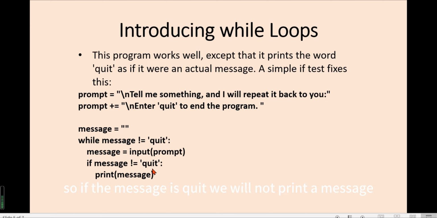So if the message is quit, we will not print the message. And we will go outside of the while loop, because the message is quit and the while loop test, message is not quit, is false. So we will stop the while loop and still not print the quit message.